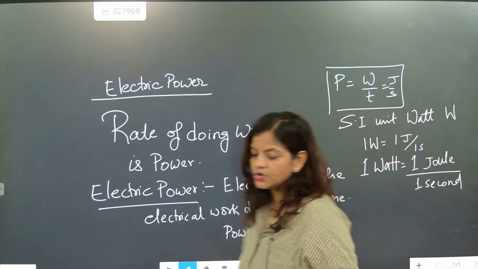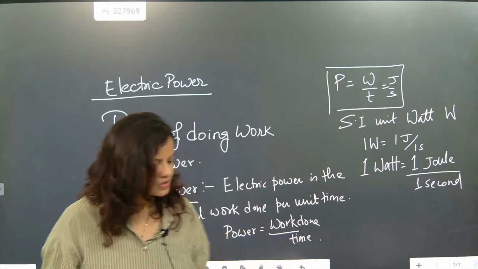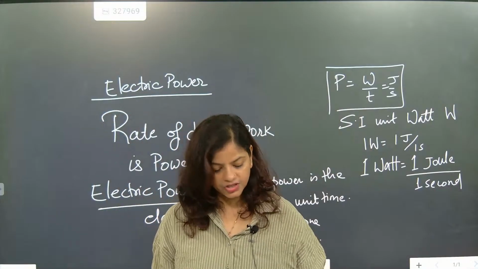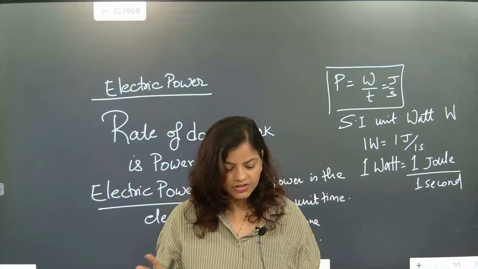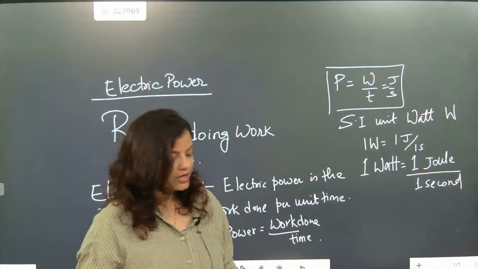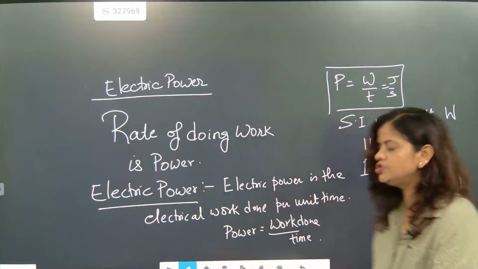That is the definition. If somebody asks what is the definition of power, you will say that the power of 1 watt is the rate of working of 1 joule per second.